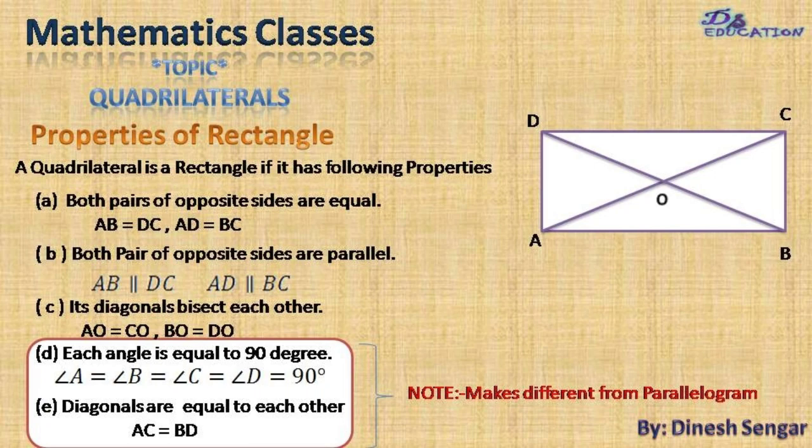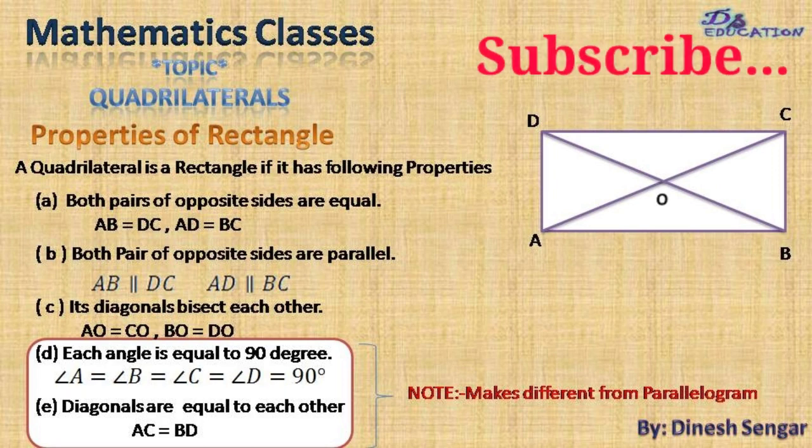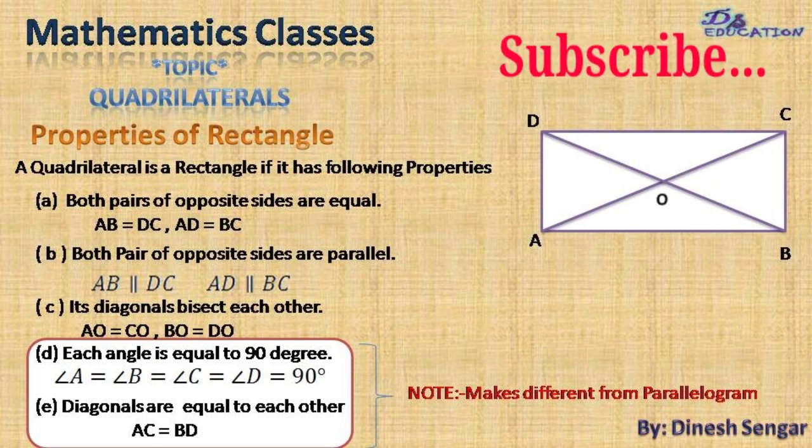In this figure you will find that a quadrilateral is a rectangle if it has the following properties. To identify the rectangle, you have to go through these points. Both pairs of opposite sides are equal, that is AB is equal to DC and AD is equal to BC. Both pairs of opposite sides are parallel, AB is parallel to DC and AD is parallel to BC.